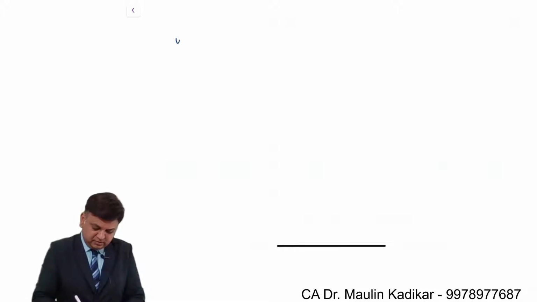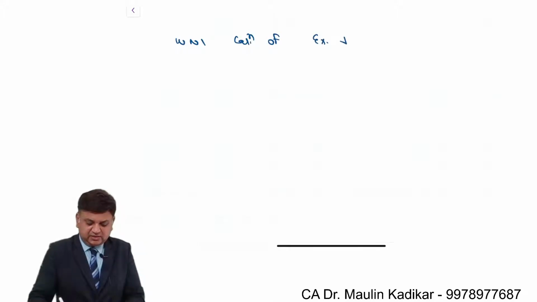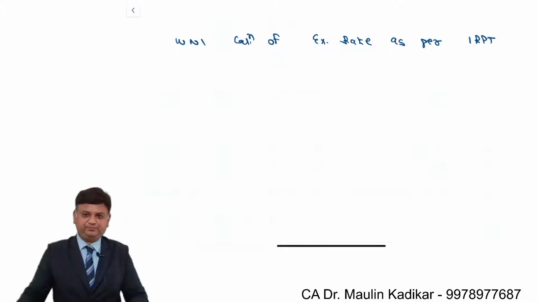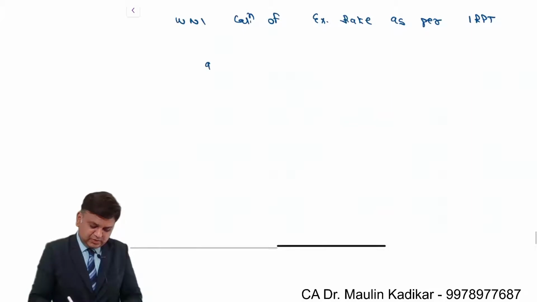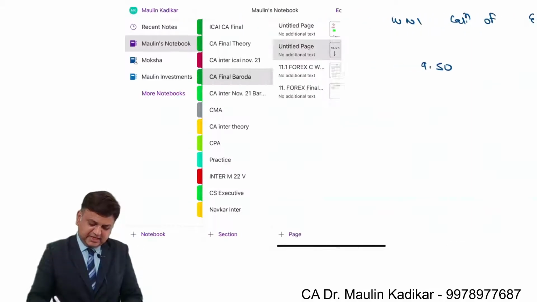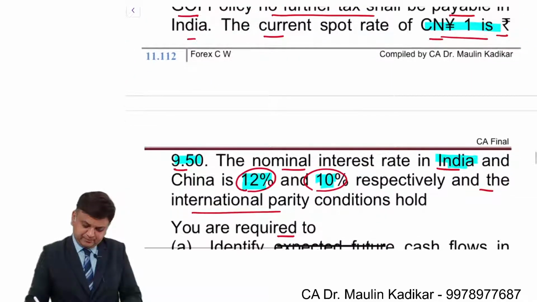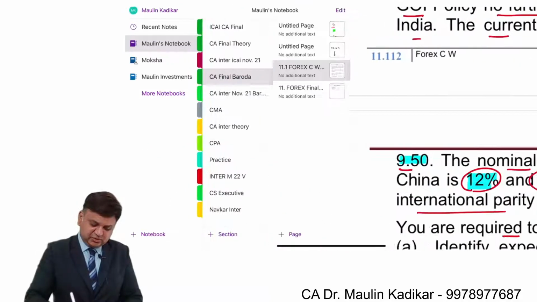First of all, working note number 1, calculation of exchange rate as per interest rate parity theorem. So spot exchange rate is provided as 9.50 rupees per Chinese Yuan.